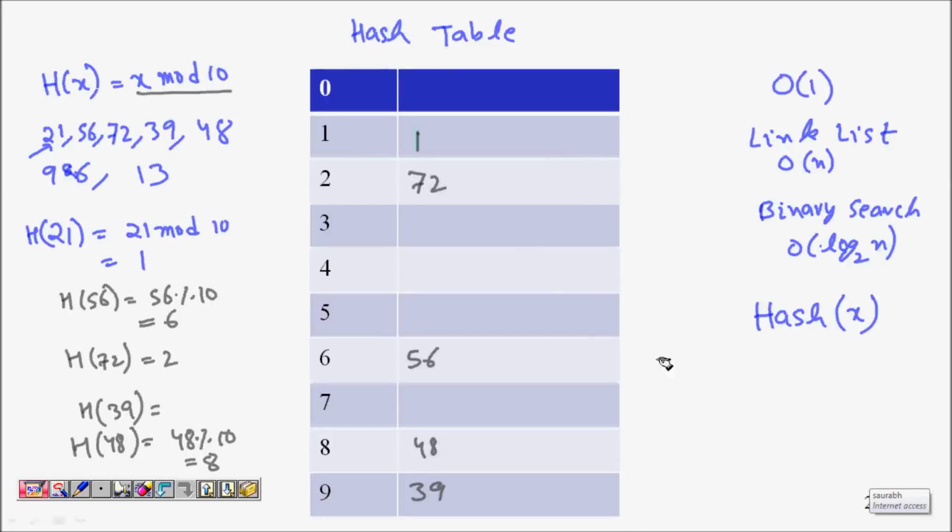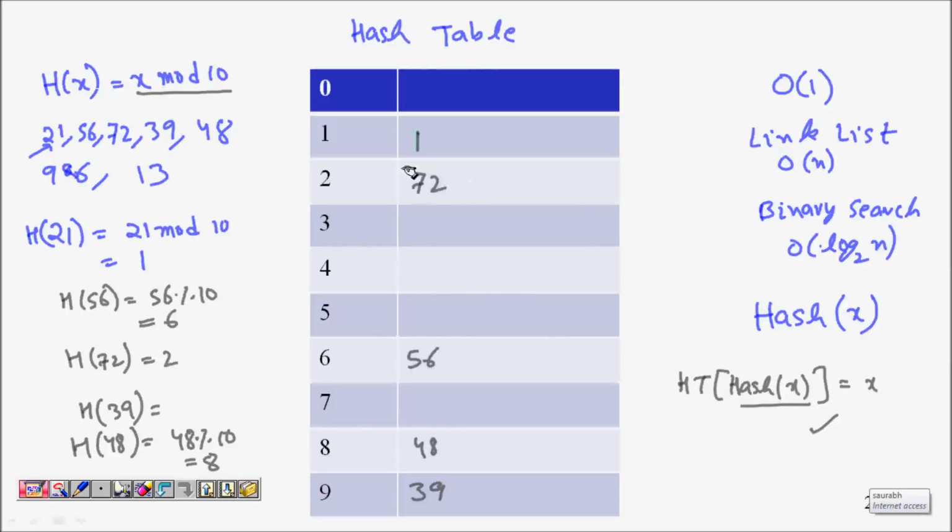If the hash table is an array HT, then to insert x, we compute hash of x and store it there. So HT[h(x)] = x. For example, 72 will be stored in HT[2]. So this is fine.